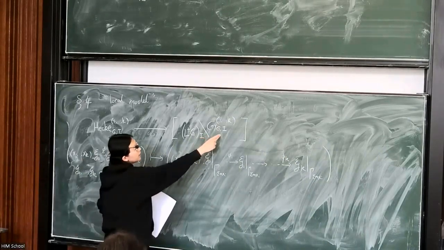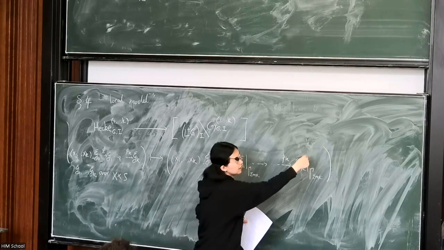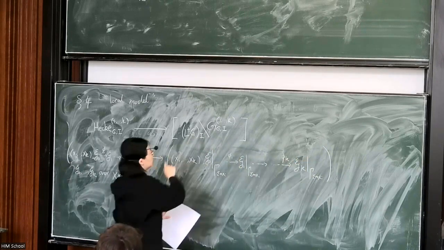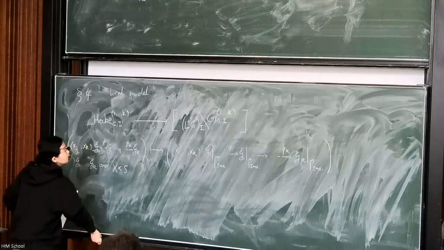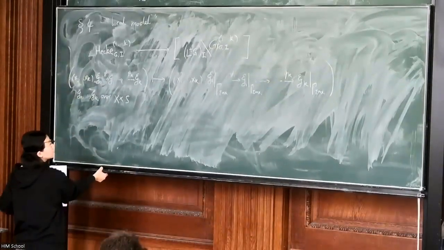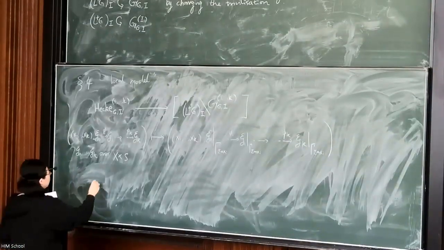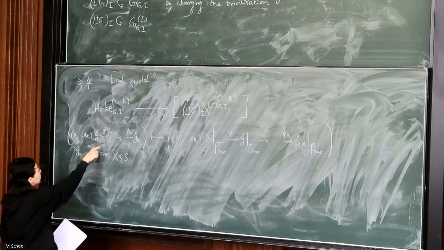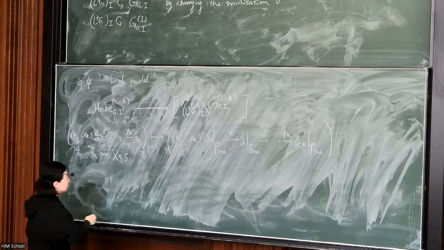You see that this one classifies just modifications, but not the trivialization of the last one, because we quotient out this action. No, not at all, because you need a boundary.